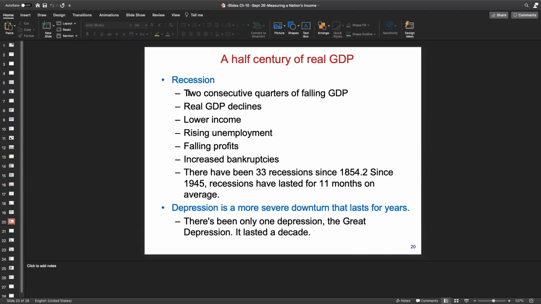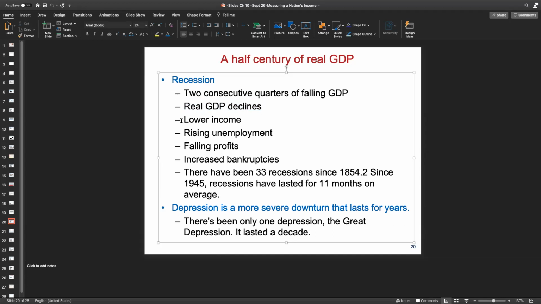There should be 2 consecutive quarters of a decrease in the GDP to consider it a recession. And also we look at the real GDP to determine whether that's a recession or not.